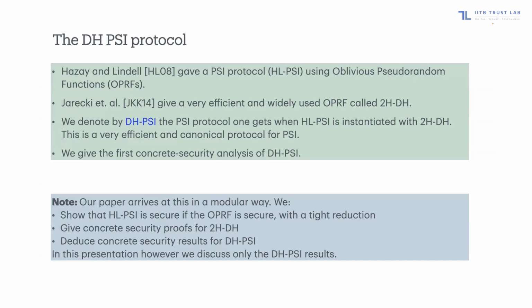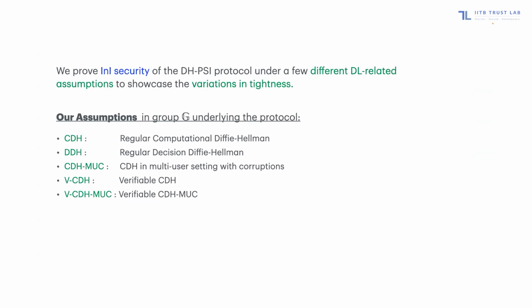First, we reduce the security of DH PSI to the OPRF security of 2-hash DH, and then reduce the OPRF security of 2-hash DH to a bunch of different underlying group assumptions. The different underlying group assumptions that we use are given here. The CDH and DDH assumptions are the regular computational Diffie-Hellman and decisional Diffie-Hellman assumptions.